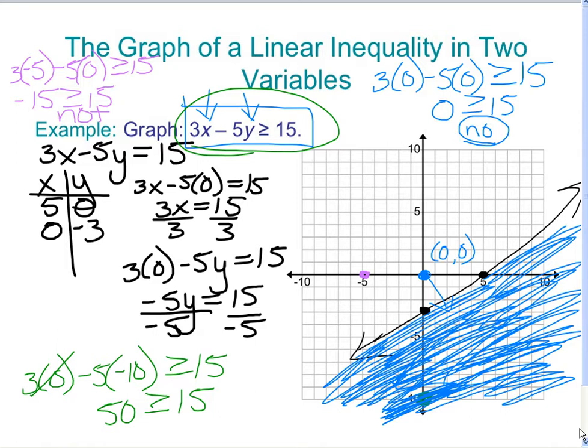Negative 15 is not larger than 15. So this point right here does not satisfy that inequality, which we knew because it wasn't shaded. The same thing with this point, and that point. They are not going to satisfy the inequality because they're not shaded.